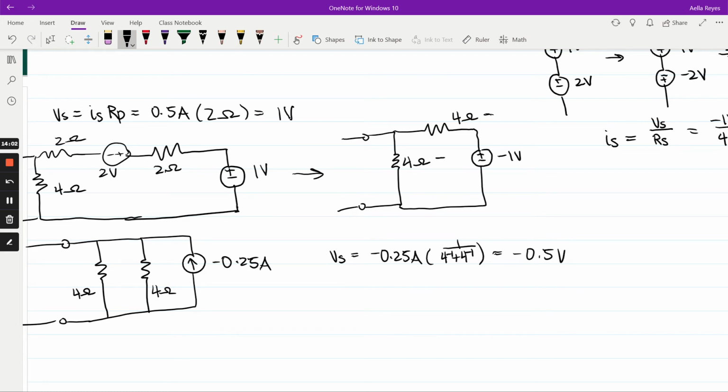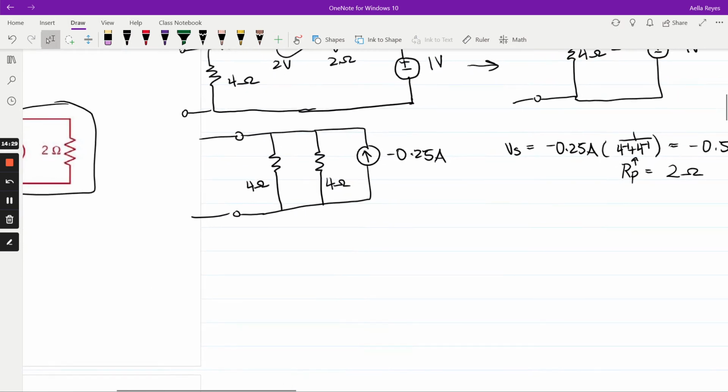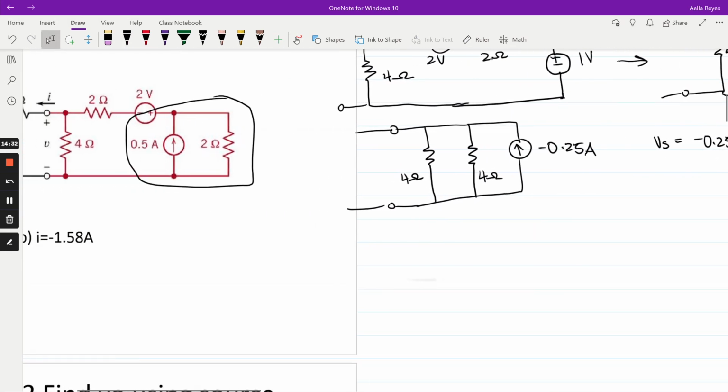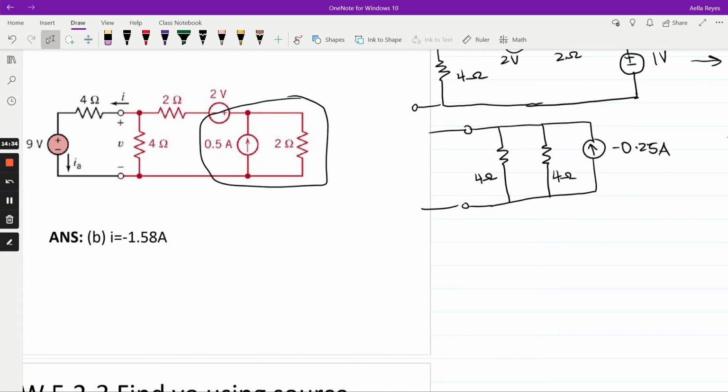And then our new resistor is just this term, which was 2 ohms. So now our new circuit, with this left side added, is going to look like this.